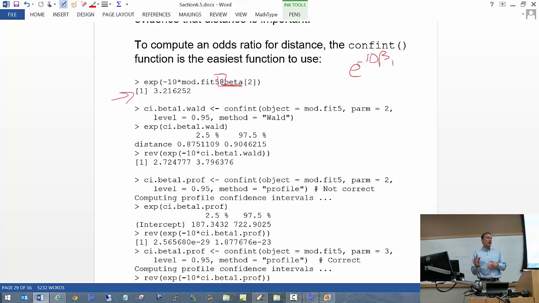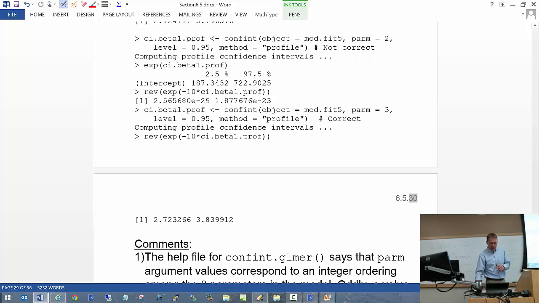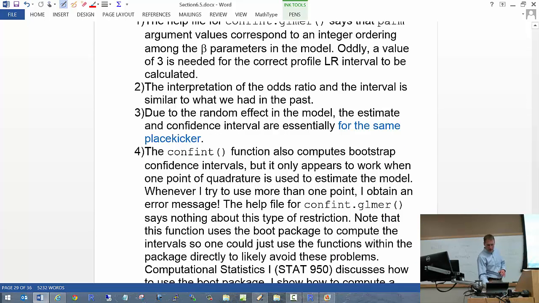It's conditional on, you know, that you're talking about the same place kicker. So please make note of that. I made a little change in my notes on page 30 relative to that. It's not necessarily for the average place kicker.